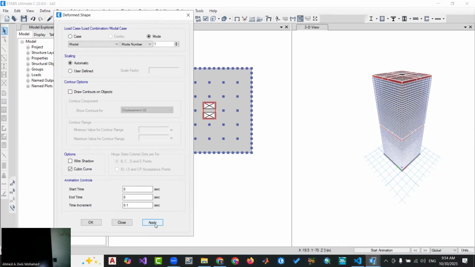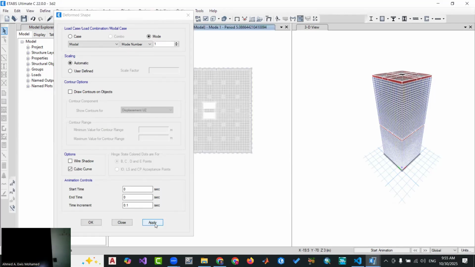The building itself can go. If this is a building, it will go this side, for example, or it can go to this side, and it can also rotate, and also in one direction. Maybe it can behave like this, or like this.